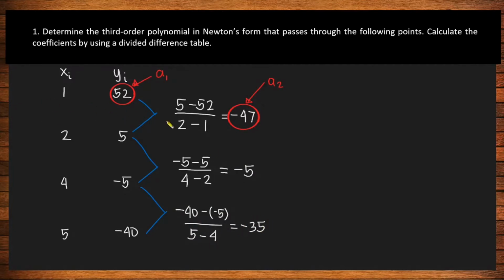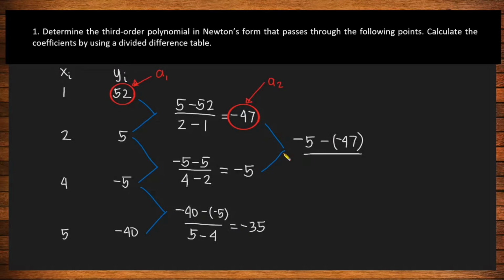Next is kukunin naman natin yung second divided differences. So, yung titingnan naman natin ng mga values is yung sa first divided difference natin. So, for the numerator, we will have negative 5 minus negative 47. And then again, sa denominator, ilalagay natin yung difference ng x values natin.